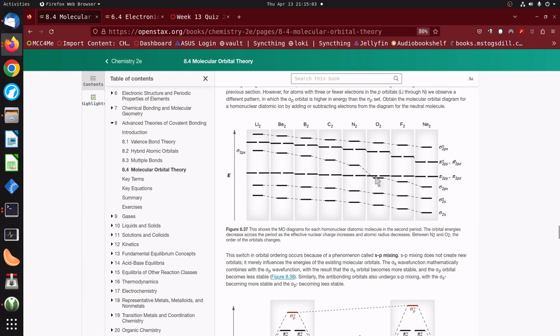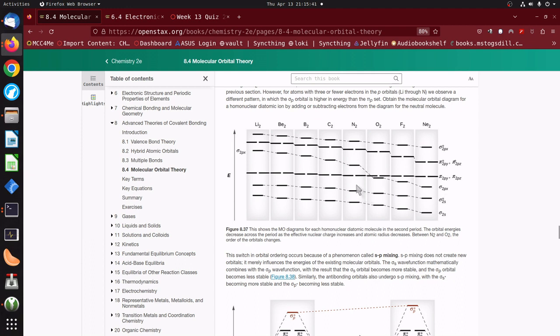It just happens to be that when we have elements that are lighter than oxygen, that sigma 2p orbital slides up over the 2p pi orbitals, and then it goes down in energy and down in energy and down in energy. And then for oxygen and all other elements heavier than it, the sigma molecular orbital slides below those 2p pi orbitals. And it's just a phenomenon that happens.